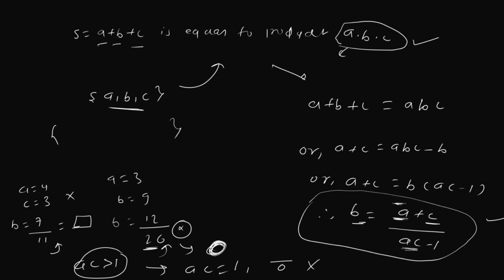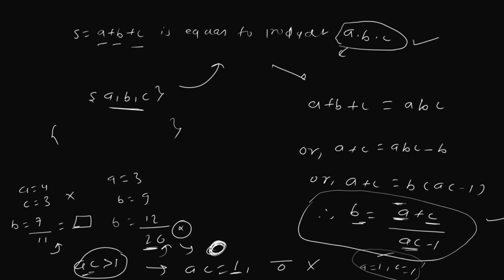So keep in mind that a c must be greater than 1, not equal to 1. And you can't have 1 when a equals 1 and c equals 1, considering that we are just taking integer values, as these are not allowed because they would have duplicate values.